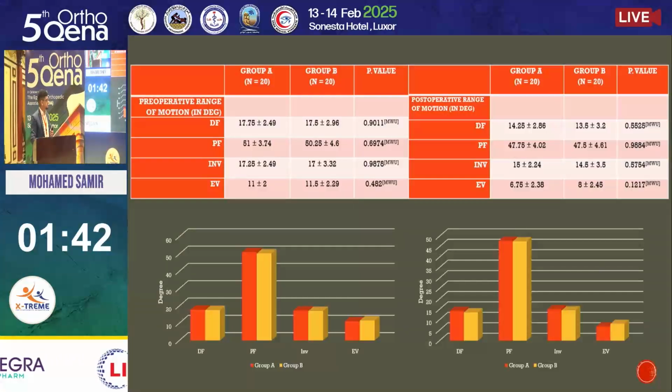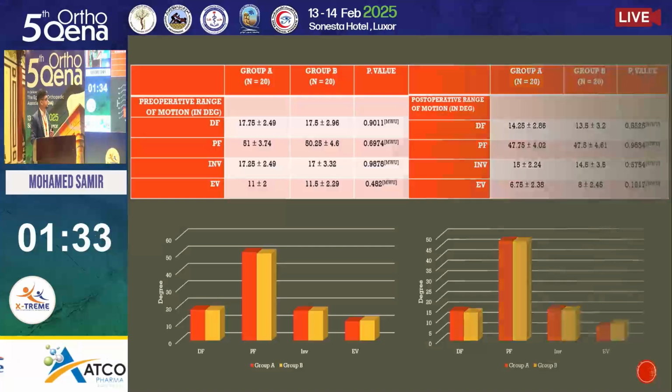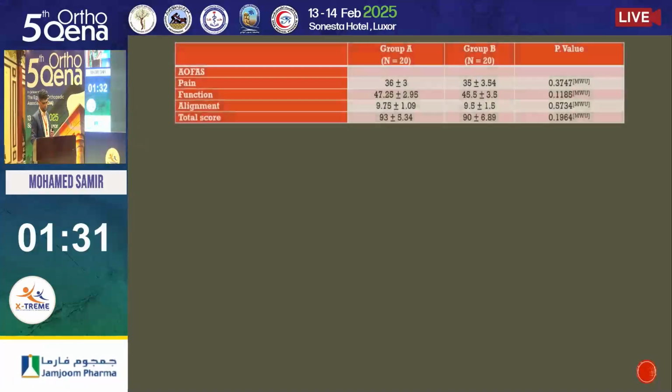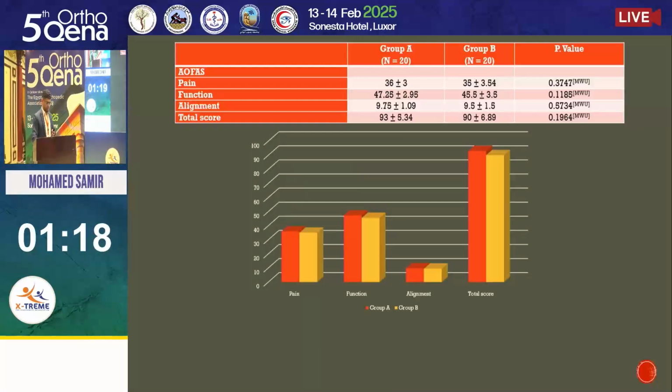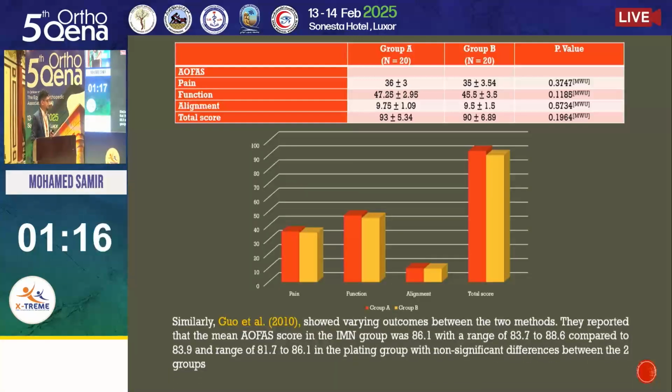We found no difference between pre and post-operative range of the ankle joint. According to the American Orthopedic Foot and Ankle Society score, there was no difference between the two groups, and this was similar to Jo 2010.